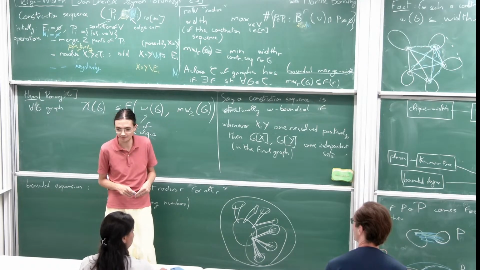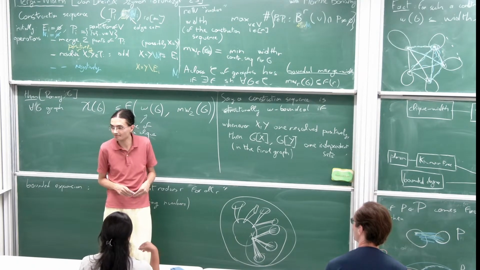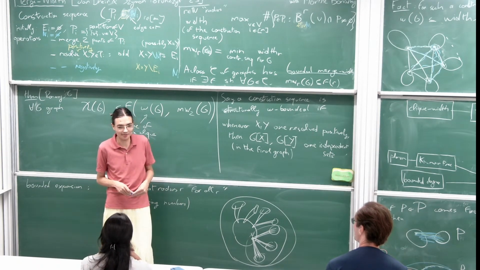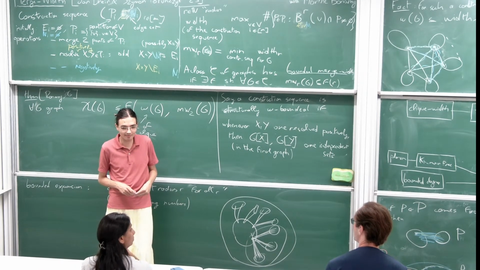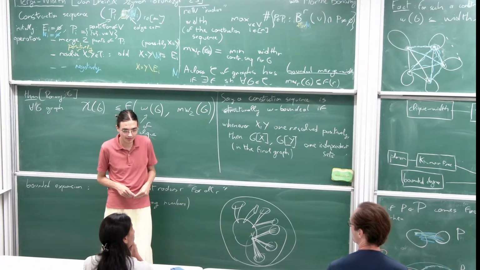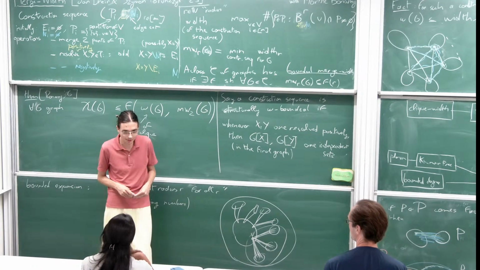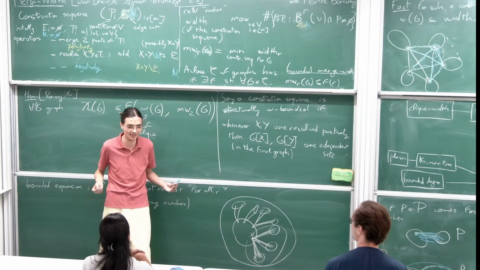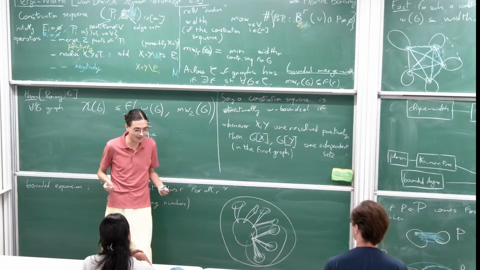Sorry, characterize is the wrong word, but it captures. Hopefully, yes. I have no idea. The technique for twin width, the decomposition, is very related to having a good ordering of the vertices, which is exactly what twin width is about. So it's really not obvious how to generalize that.